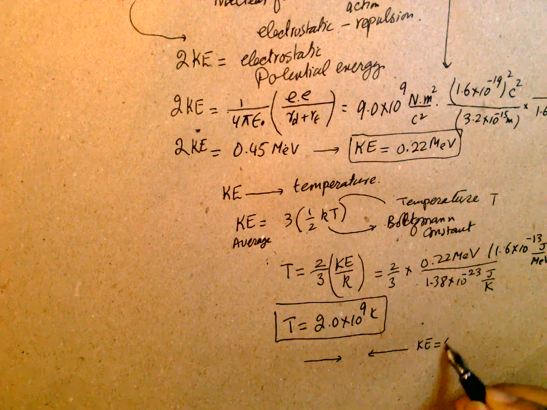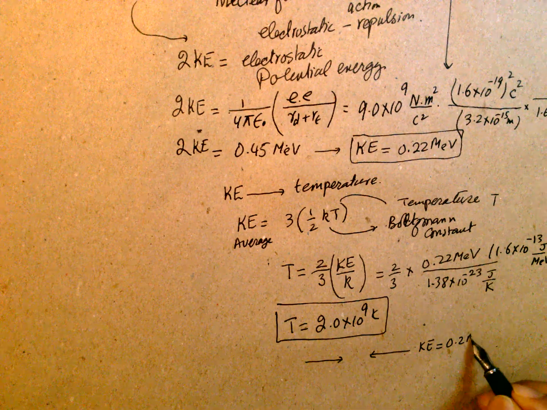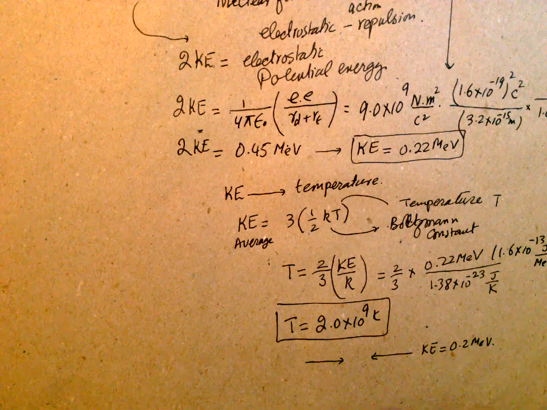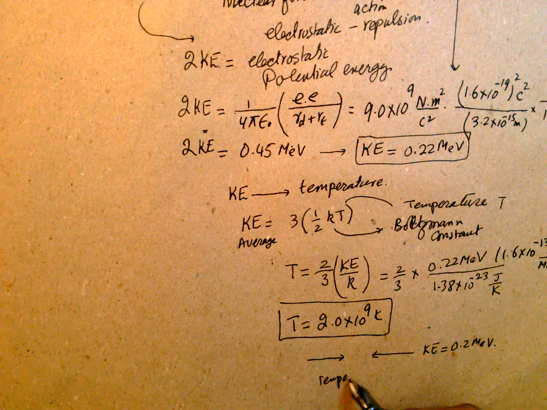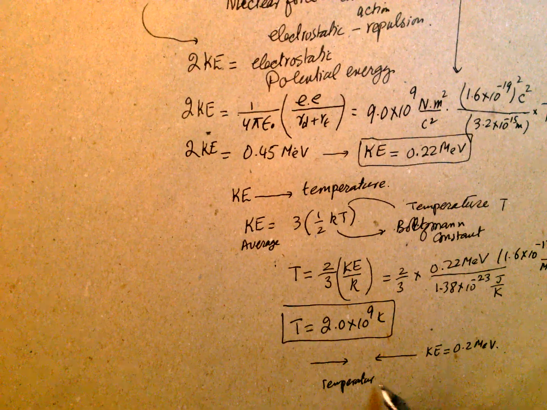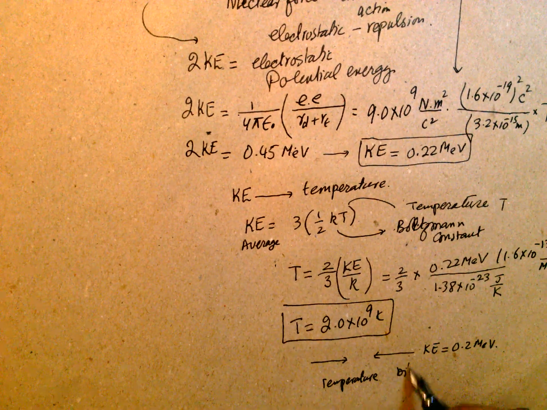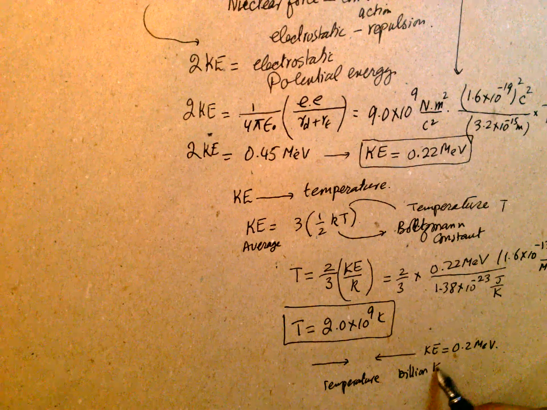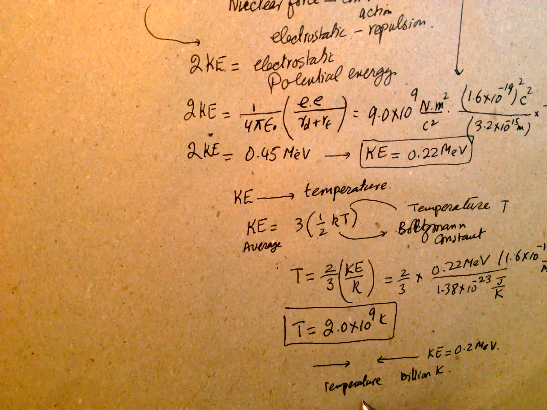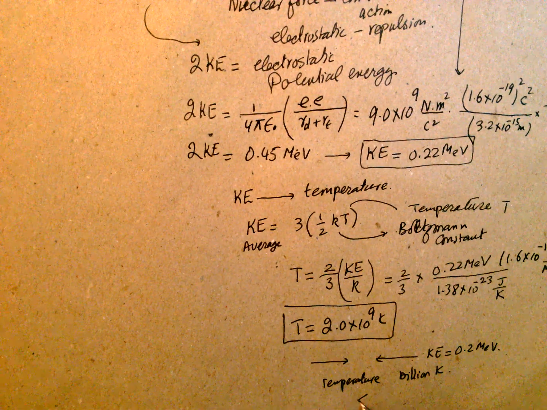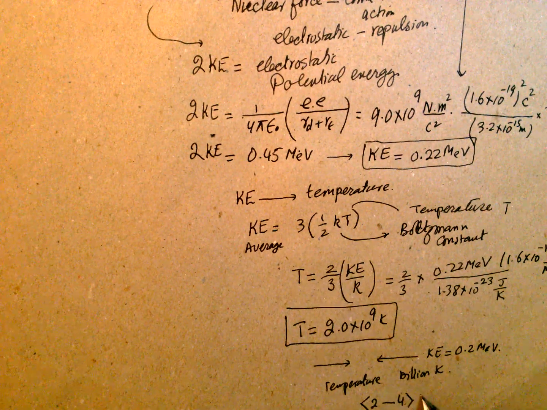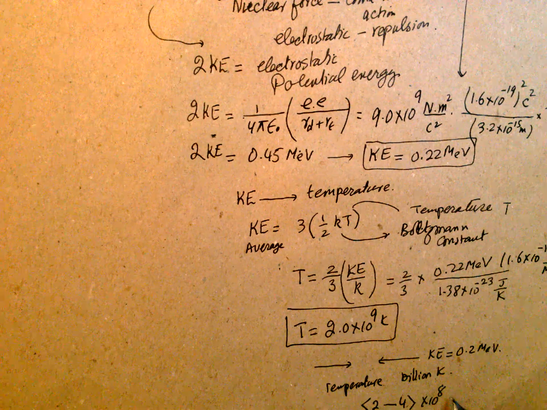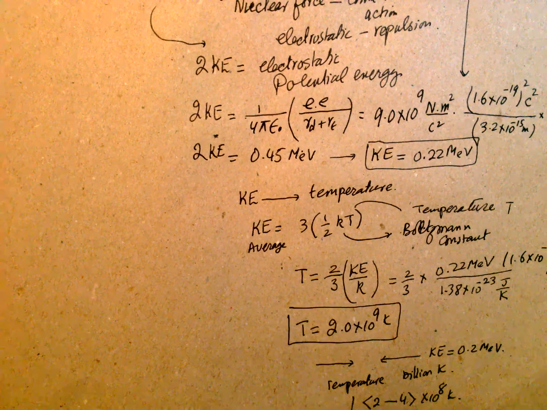and the kinetic energy of the two nuclei, each one should have 0.2 million electron volt, and the temperature in this condition is very high, of the billions of Kelvin. Because it's an average, it should be less than that, so in between 2 to 4 into 10 to the power 8 Kelvin is required.